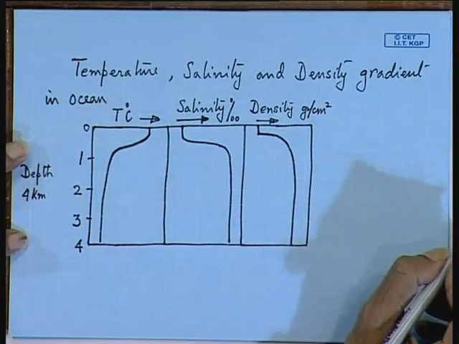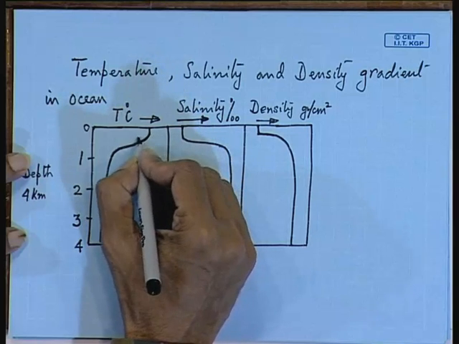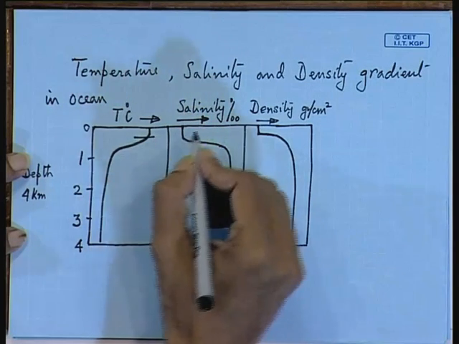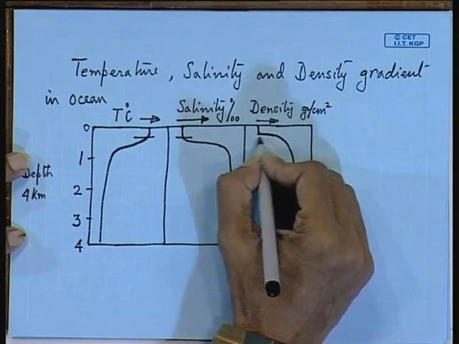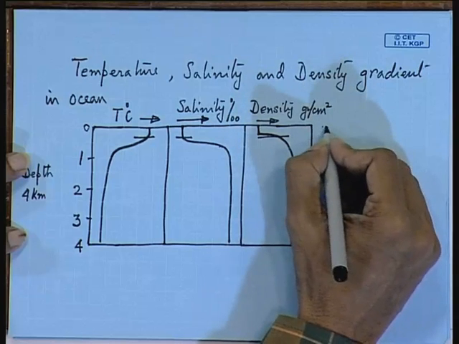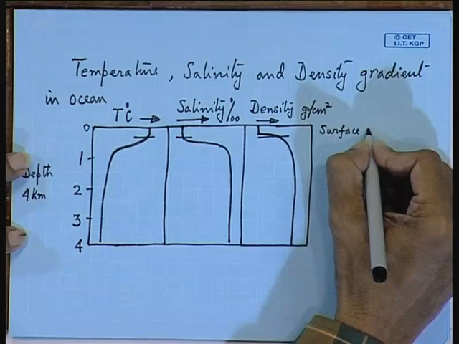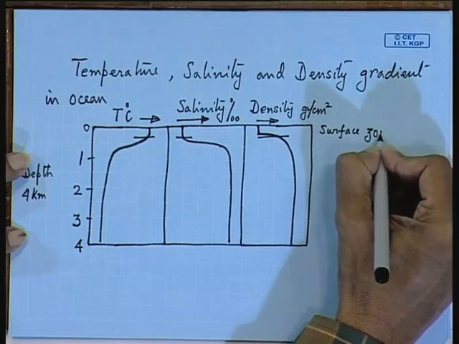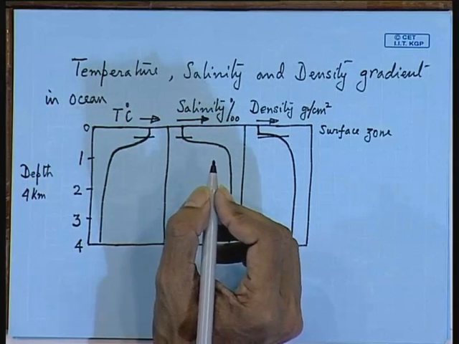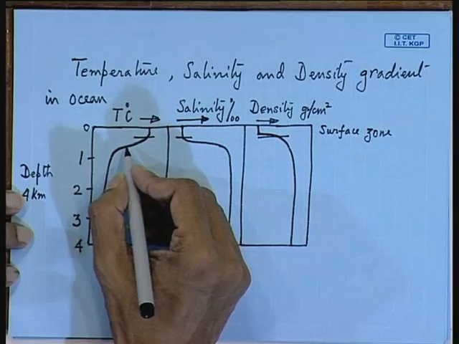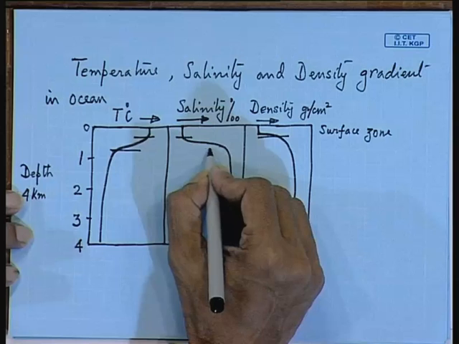Now, you tell me which are the zones. This is the surface zone. Now, below this you have sharp changes in density, and associated temperature is also varying to a large extent.